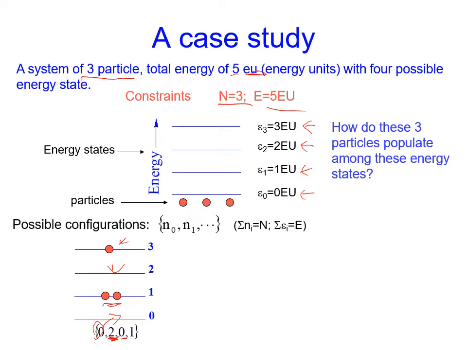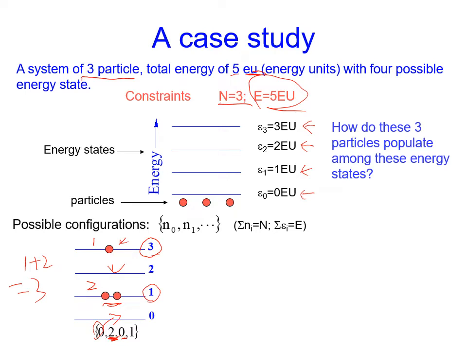Okay, in this way, the total particles is 3. So 1, 2. 1 plus 2 is 3. That's one constraint. And for the total energy here, one particle has 3 energy units, 2 of them have 1 energy unit each. So 3 plus 2 is 5. So that's the second constraint, 5 energy units. Okay, so that's one possible configuration.